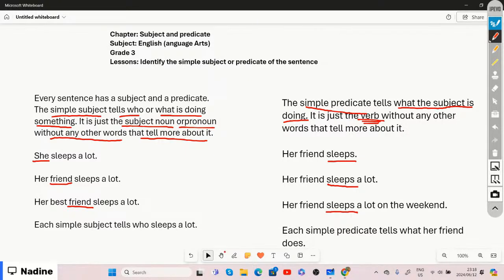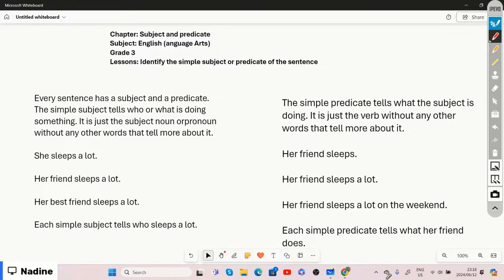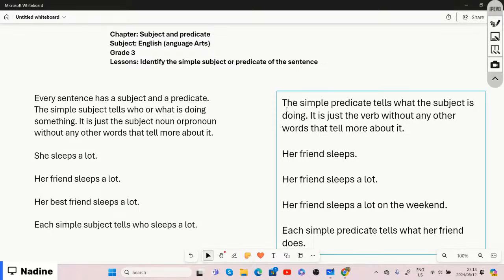All right. So that is basically simple subject and simple predicate. So now let us go to aplusstudents.ca, and that is where we are going to identify the simple subject or the simple predicate within the sentence.